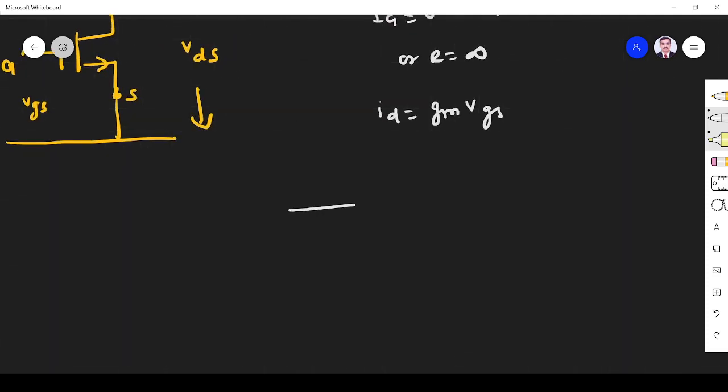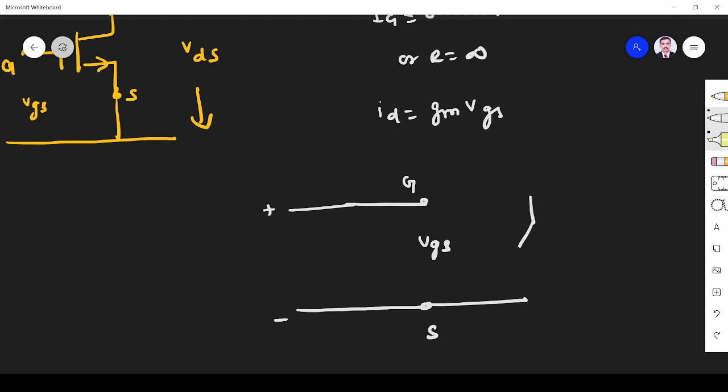Now we see how we are going to draw. On the input side, common source: source is the common terminal between input and output. This is source, this is gate. On the input side it is an open circuit, so we have only vgs. There is no current on the input side because the gate is insulated. On the output side we have a current which is dependent on voltage.